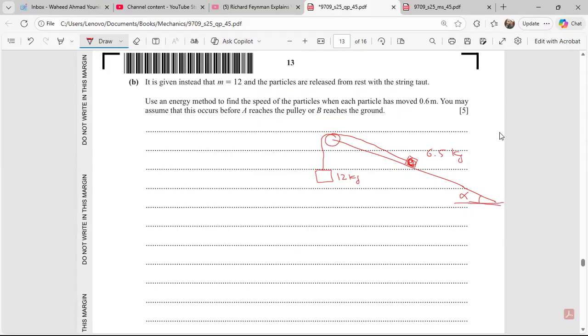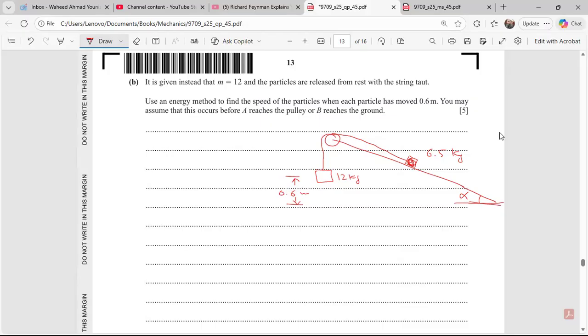Okay, now this object slides down by a distance of 0.6 meter. Okay, so it means this will also move up on this inclined surface by 0.6 meters, right? Okay, so you have to solve this question using the energy concept.